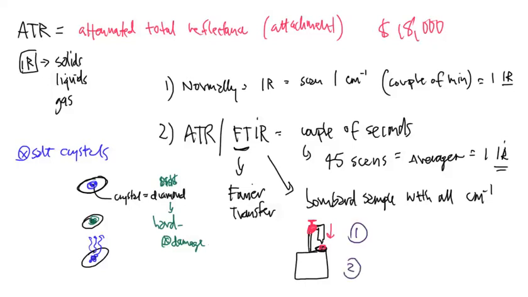So the reason that I would use the anchor and lower it onto my sample, number one, is if I have a very volatile substance. Almost every time that is required. It prevents the sample from evaporating off of the diamond itself and into the room.